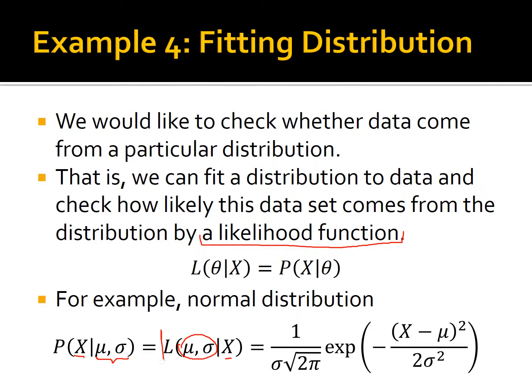So every time we write the likelihood, it means that we know the data. We already have the data. We would like to find mu and sigma such that, so we can plug in sigma over here and we can plug in mu over here to get the likelihood value of each data point.